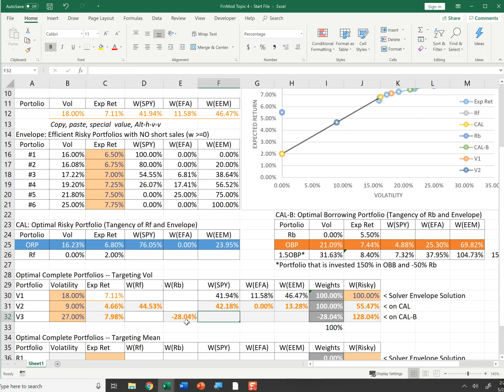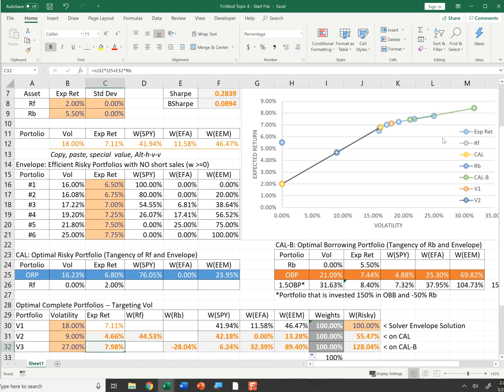How do I construct that portfolio? I take 128%, anchor that with the dollar signs, times the weights of the OBP in SPY, EFA, and EMA. Changing the formats there so the numbers pop up. And there we go. Let's make sure that that shows up on our graph right at 27%. So it should show up right around here.